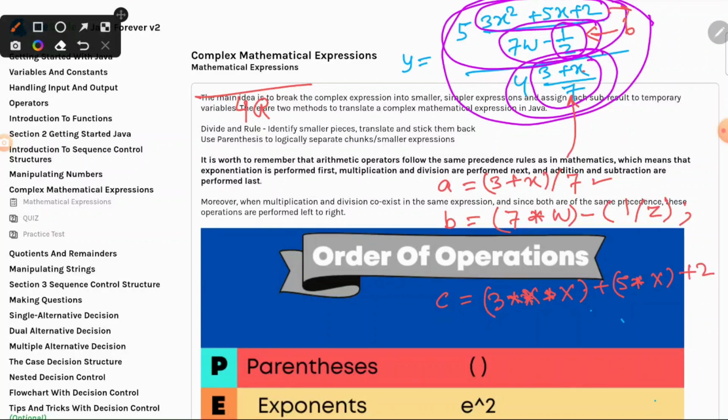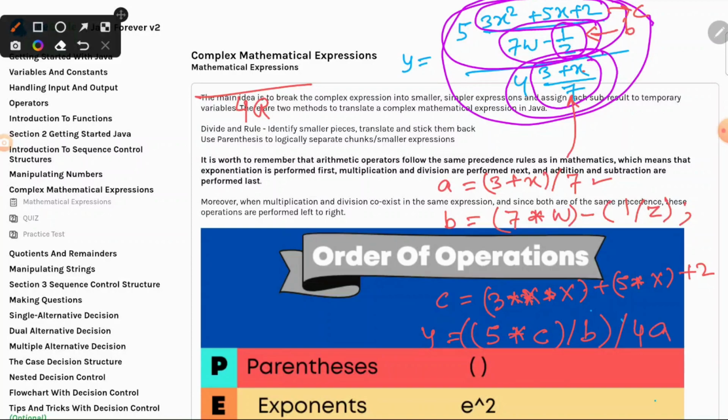This becomes C. Now I can say y equal to 5 multiplied by C divided by B, and this whole thing is divided by 4A.